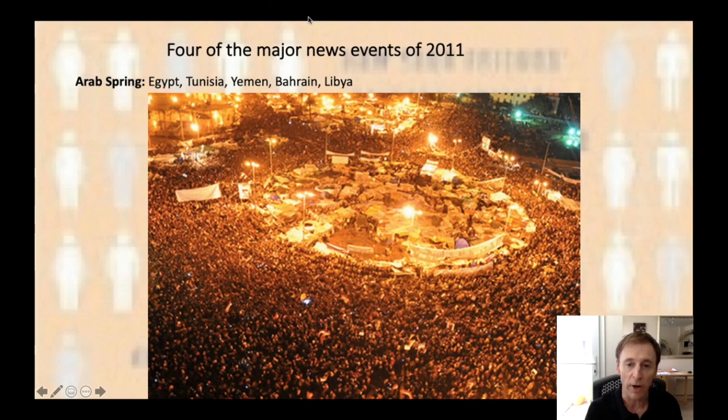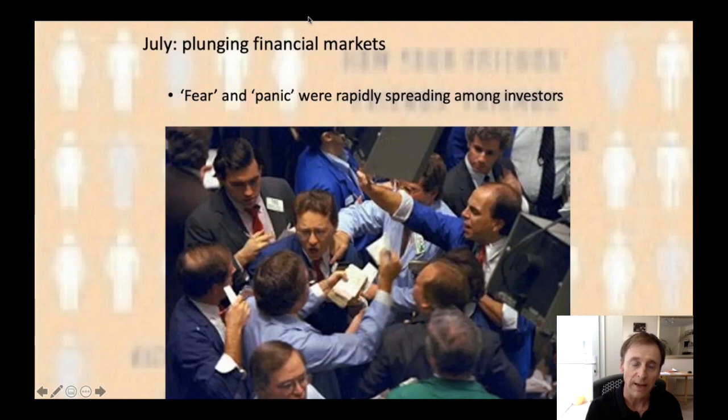One was the Arab Spring, which was a series of protest events that spread across Egypt, Tunisia, Yemen, Bahrain, Libya, and other countries. A second was the story about the plunging financial markets, which took place in July, and we were told that fear and panic were spreading across investors in different countries.